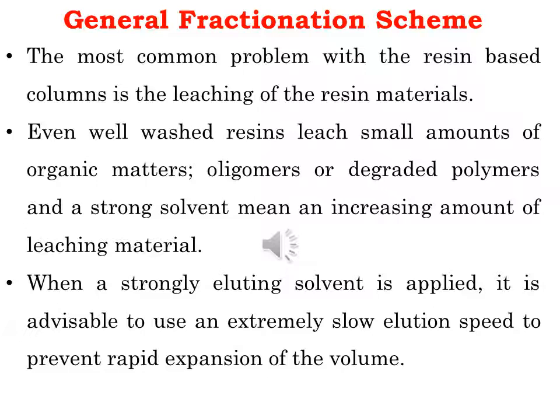Use of a stronger solvent, for example dichloromethane, also results in the softening and swelling of the resin. Here, extreme care has to be taken to prevent the breakage or clogging of the column. When a strong organic solvent is applied, it is advisable to use an extremely slow elution speed to prevent rapid expansion of the volume.